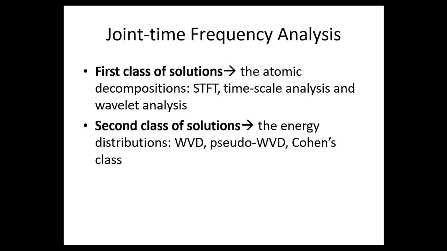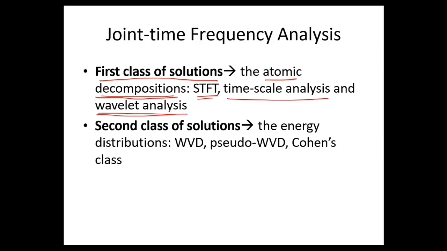Now, when the answer is yes, then we go to a more advanced type of joint time frequency analysis. Over here we have the first class of solutions which performs the atomic decomposition of the signals. That means the signals are being decomposed, and then you apply the STFT, short time Fourier transform, time scale analysis, and wavelet analysis.